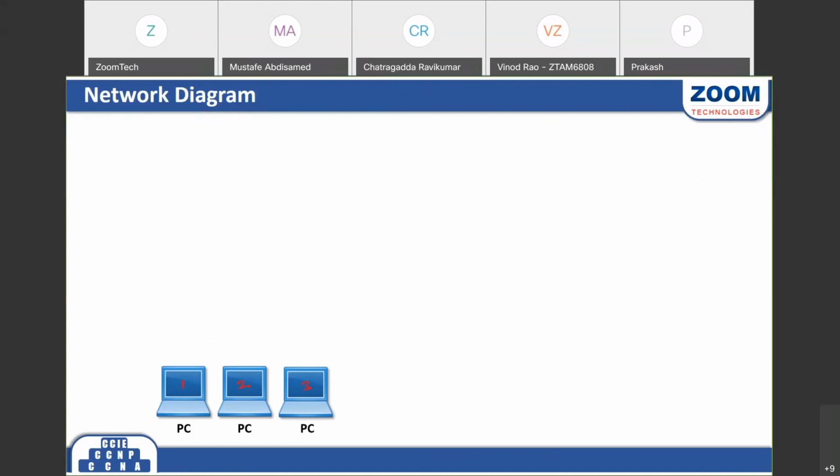A switch. Which cables do we use to connect PCs to the switch? RJ45 cables. Similarly, we have a printer, and if it supports wired connectivity, we use RJ45 to connect it to the switch.